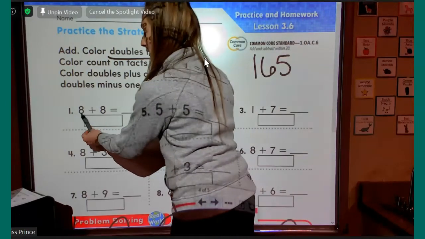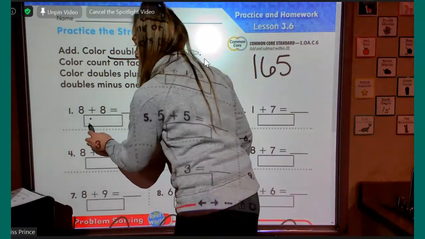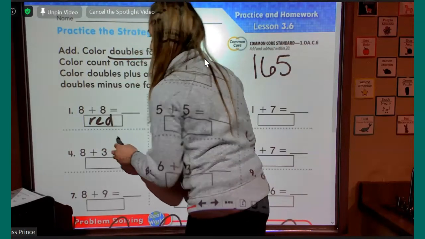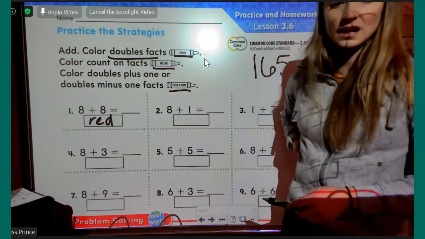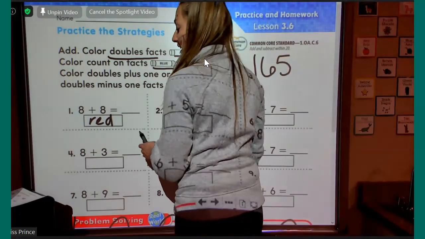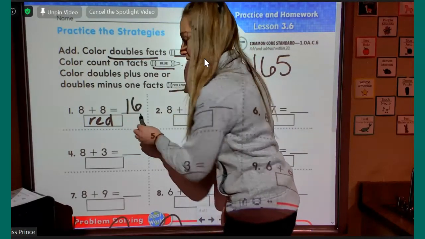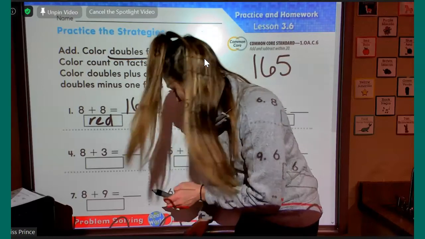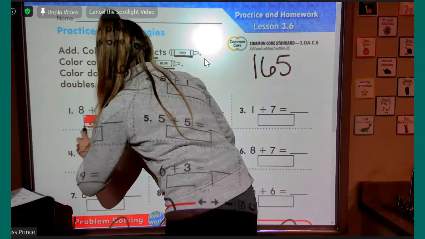So this first one, it says 8 + 8 is 16. That's a doubles fact. So you could just write red right here. Okay? You don't have to color it. It's just saying that if you feel like solving this, 8 + 8 is 16. Miss Prince is telling you the answer on the first part. And if you just want to color it red, that's what it would look like.